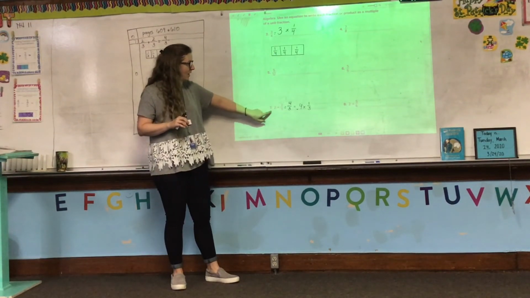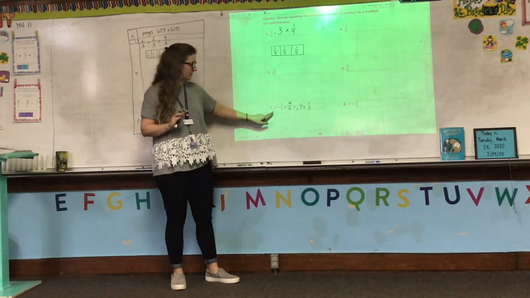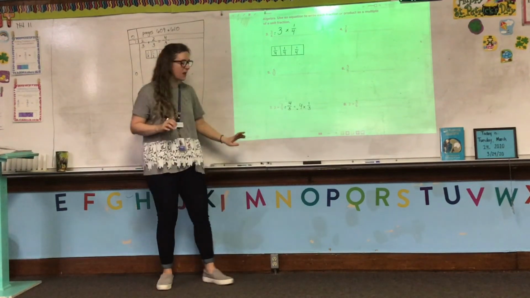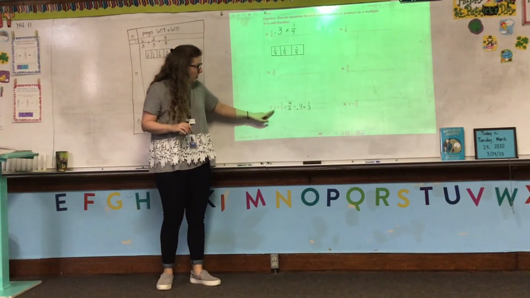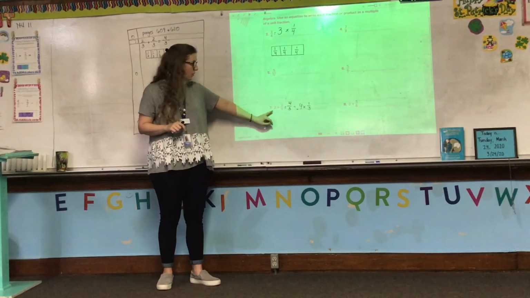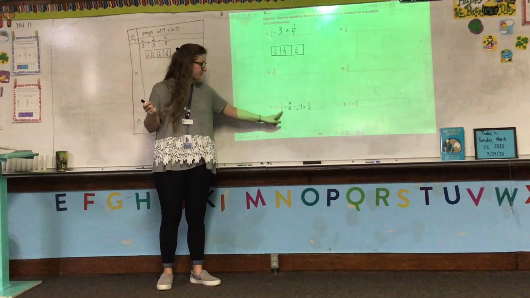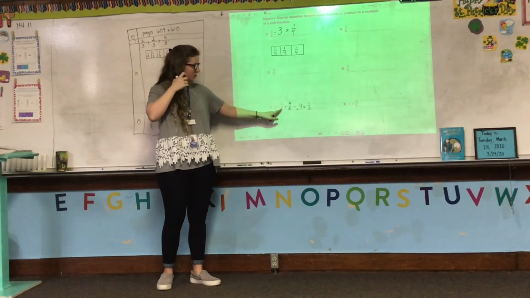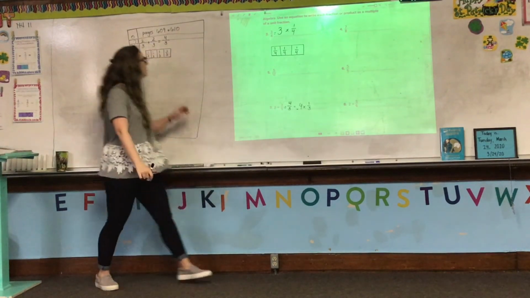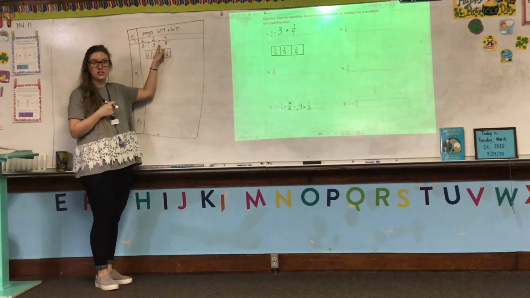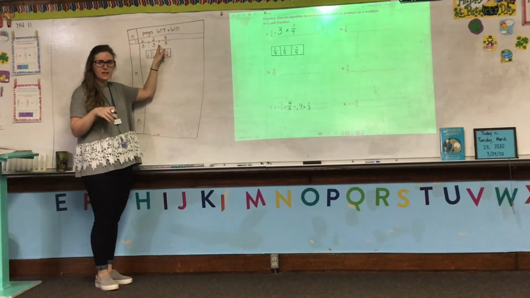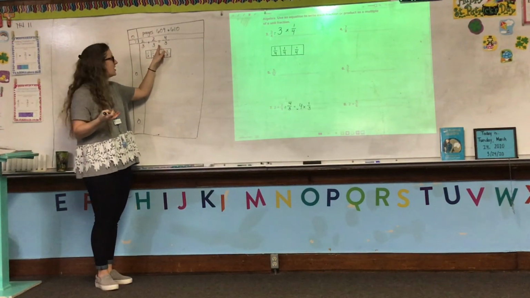If you have a product like numbers 7 through 10, that means you use repeated addition. The whole number tells you how many times to add the fraction part. Just like we did here. We knew we had to add 2/3 2 times. Do your addition just like we do adding like fractions.